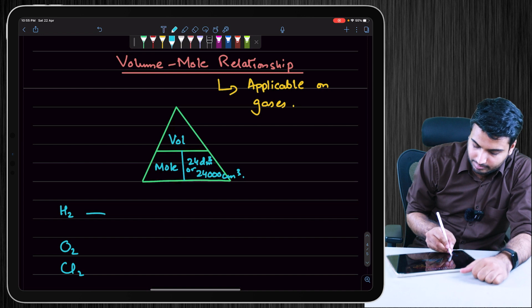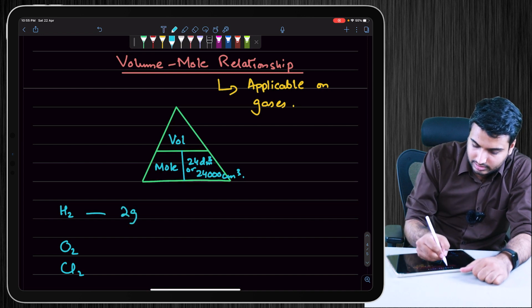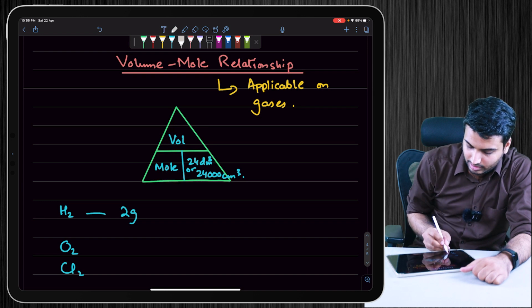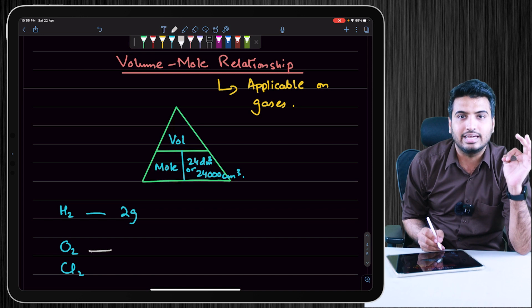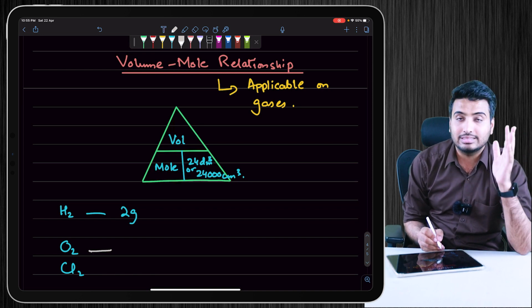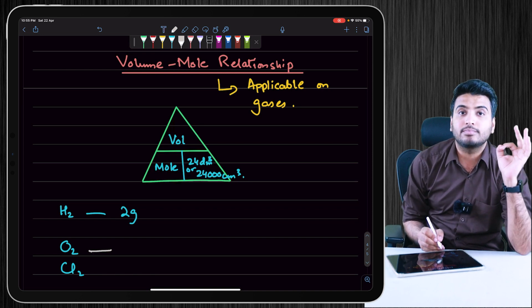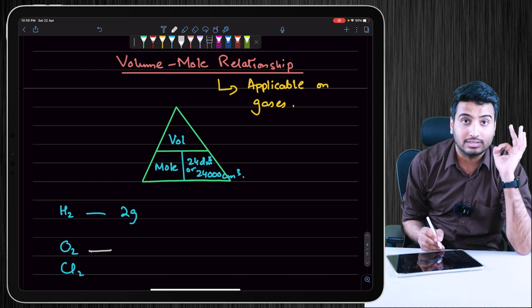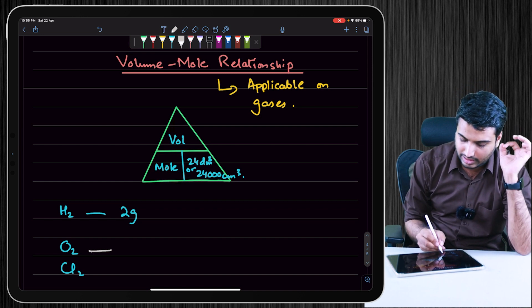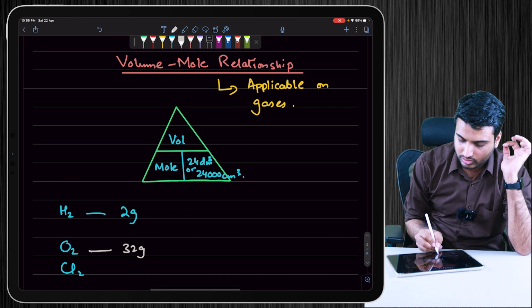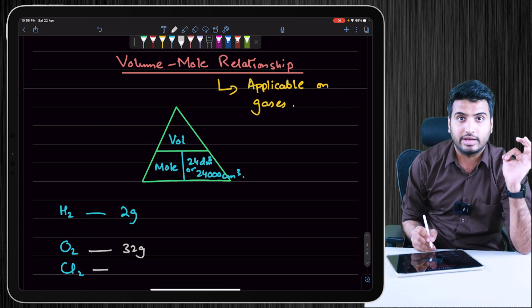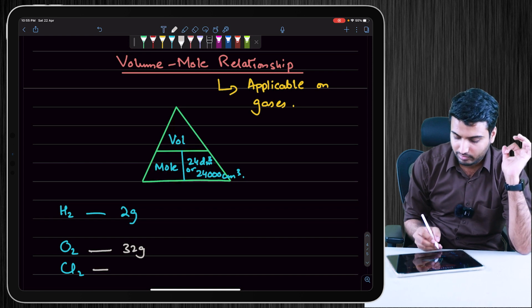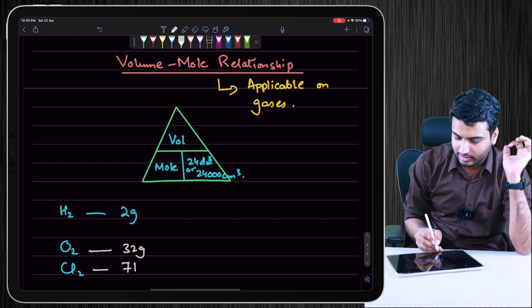The mass of hydrogen is 2 grams. The atomic mass of oxygen is 16, as you can see from the periodic table, so 16 multiplied by 2 is 32 grams. The Ar of chlorine is 35.5, so when 35.5 is multiplied by 2, we get 71 grams.